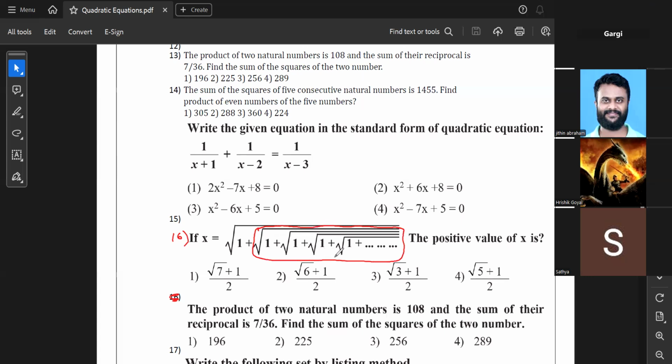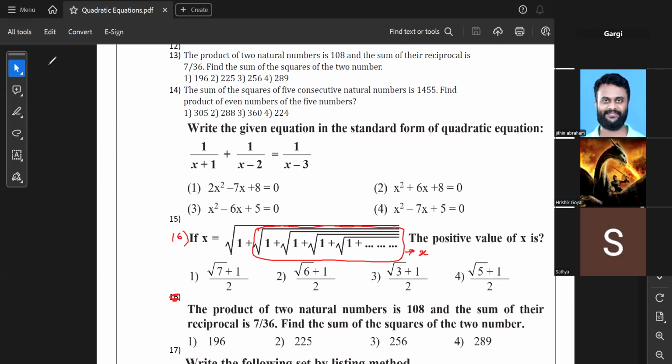That is also x only, sir, because there are infinite number of root ones. Correct. Since the number of roots is not defined, it is infinite. Even if you remove one, whatever is left is still infinite, so this section can also be called x.